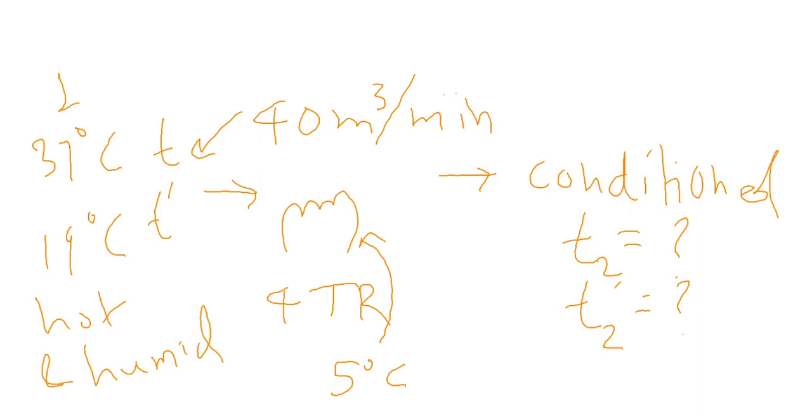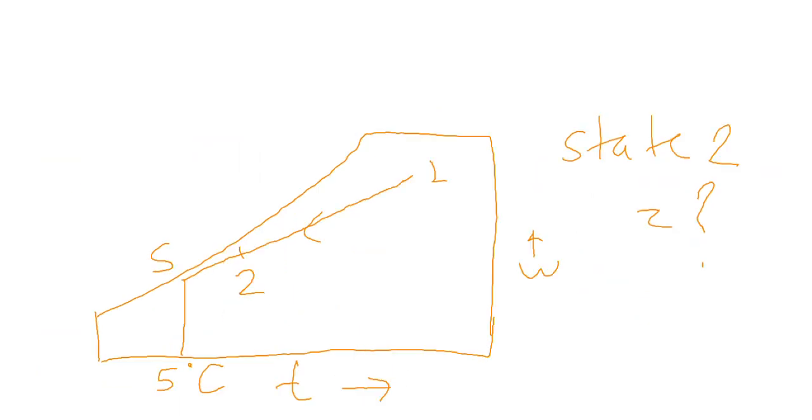Now if you know this flow rate, 40 meter cube per minute, then we can find the value of V1 from the psychrometric chart. That value is the specific volume, and in this case it comes to be 0.874 meter cube per kg from the psychrometric chart, state 1.